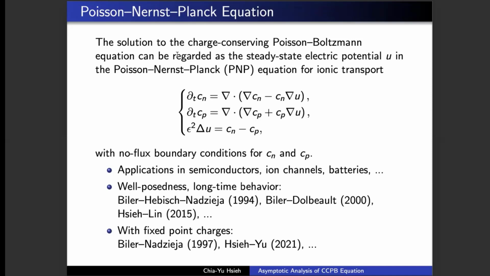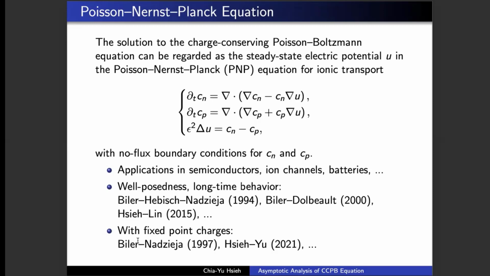Okay, so for the time evolution problem, the Poisson-Nernst-Planck equation, the well-posedness and long-time behaviors were studied by Biler, Herbst, Najera, Dolbeault, and also myself and others. And as I introduced earlier, we want to consider possible fixed point charge in this system, and we can also consider it in the Poisson-Nernst-Planck equation.